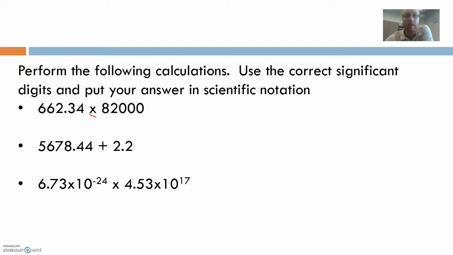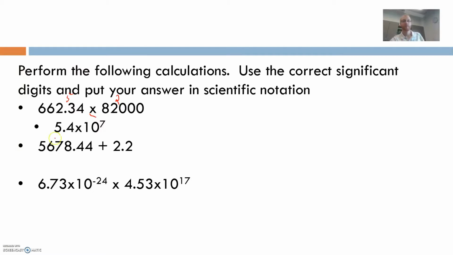And you're multiplying 1, 2, 3, 4, 5 significant digits by 2 significant digits. So your answer should have 2 significant digits in it, and only 2. And so, when you work that out, you get 5.4 times 10 to the 7th if you're putting your answer into scientific notation.